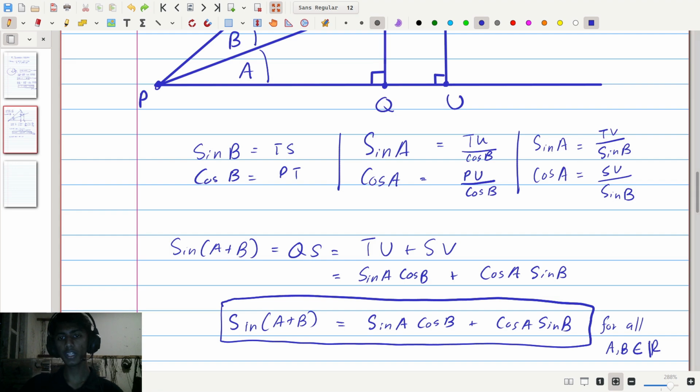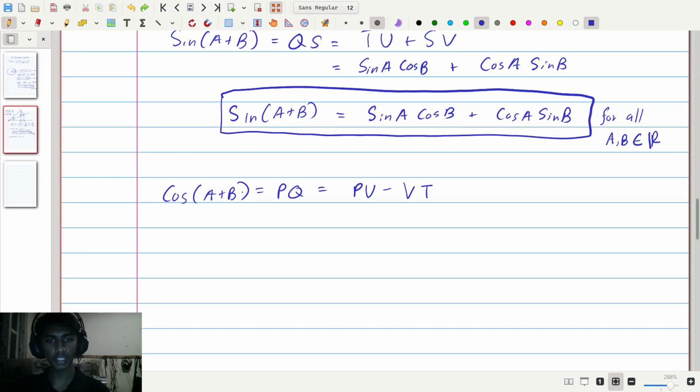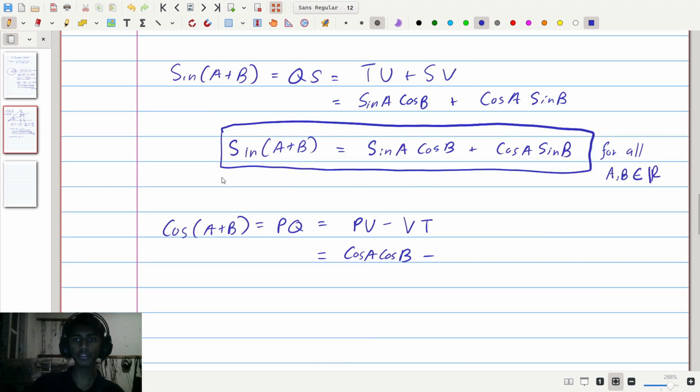Considering these, PU is cosine of A times cosine of B. Considering what we have, cosine of A is PU divided by cosine of B. Multiplying both sides by cosine of B, we can see that PU is cosine of A times cosine of B. Substituting that in, PU is cosine of A times cosine of B, minus, what is VT?